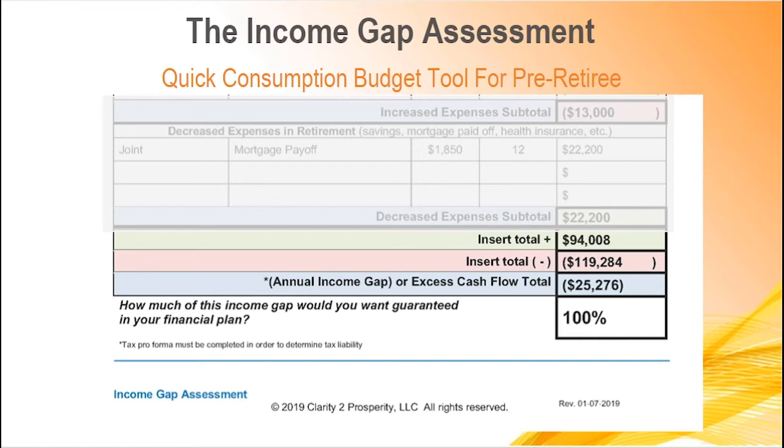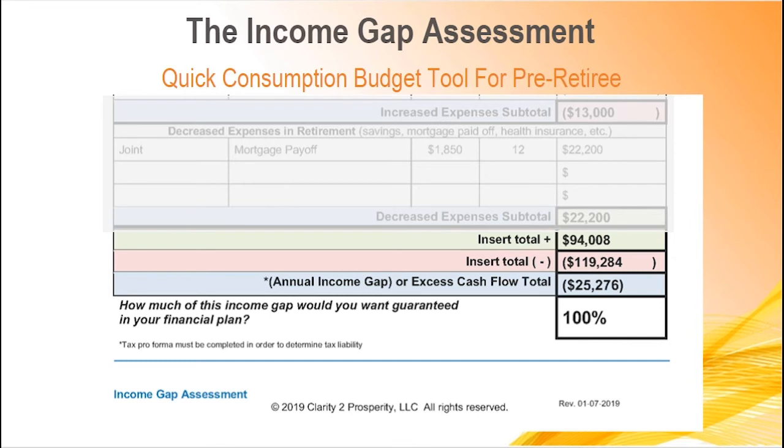And so in that next section that says annual income gap or excess cash flow, you're going to see that $119,000 in the negative plus $94,000 in the positive gives us a negative amount of $25,276. Now that's an income gap. It's a negative amount. That's the amount that we're going to have to pull out of their investment accounts to maintain the standard of living that we agreed upon they want.